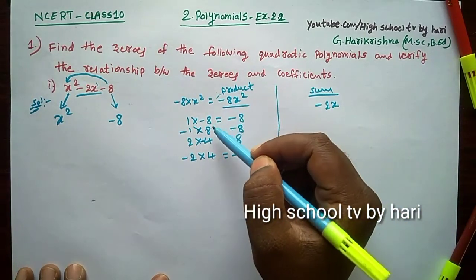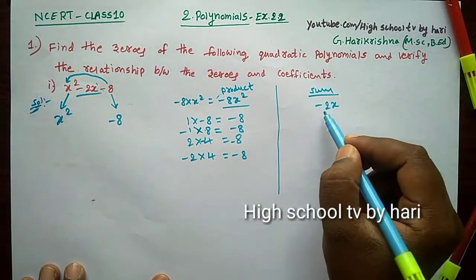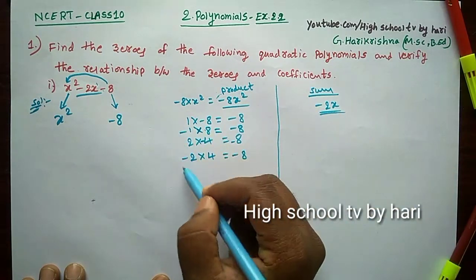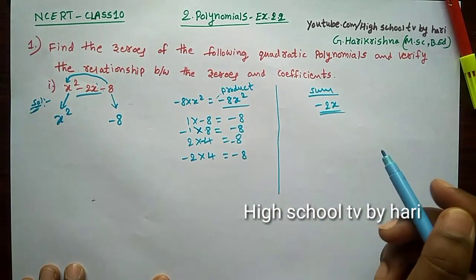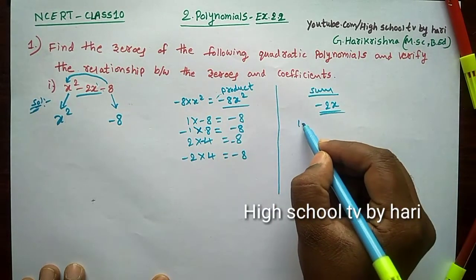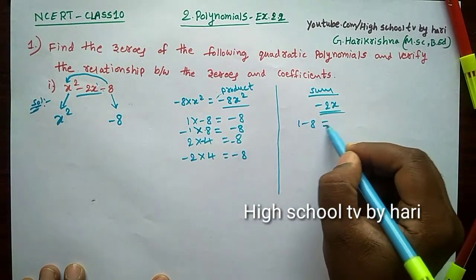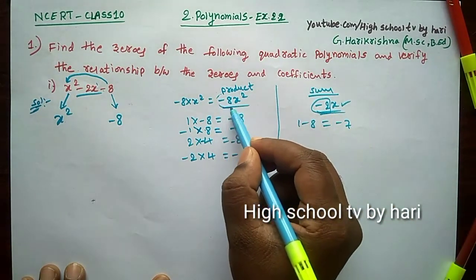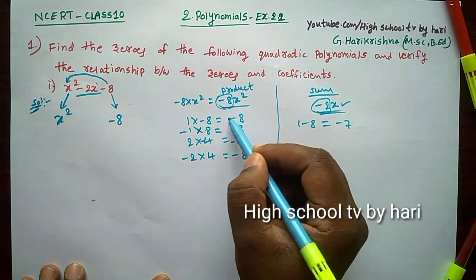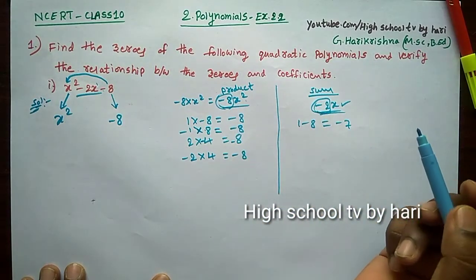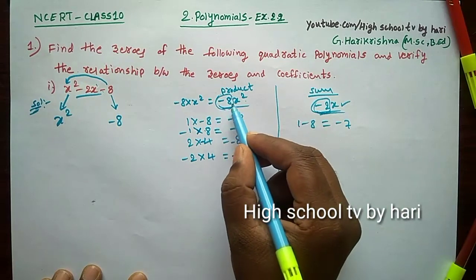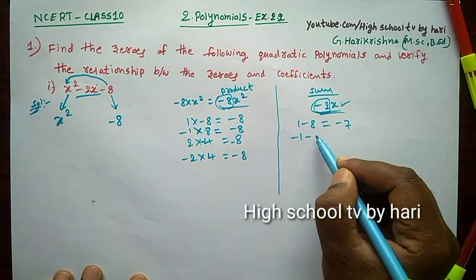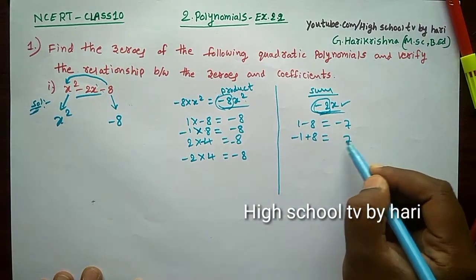So minus 8 can be written like this, and the sum should equal minus 2x. By using these factors only we should get minus 2x. Taking the first, 1 and minus 8, the sum is minus 7. We are not getting minus 2. We are not considering x square, only the coefficients, minus 8 and minus 2. Minus 1 plus 8 is 7.